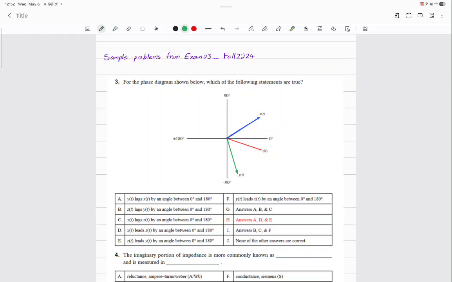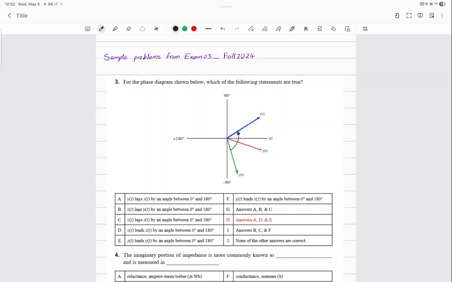If Y lags X, it means Y is chasing X, because it's behind, it's lagging. So how can Y chase X? Counterclockwise. So what is the angle that you have to measure to find by how much they are leading or lagging? From Y in the counterclockwise direction go to X. This is the angle.